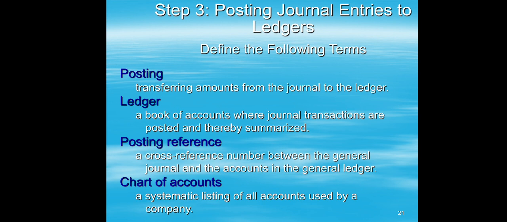The chart of accounts is like the first page of the ledger. It shows a list of all accounts that appear in the ledger. It is like showing the content of the ledger book.